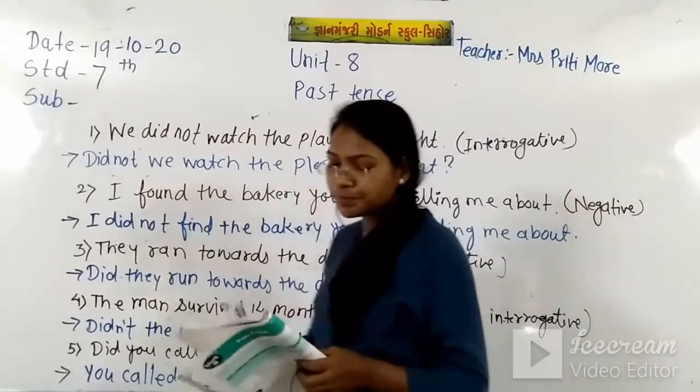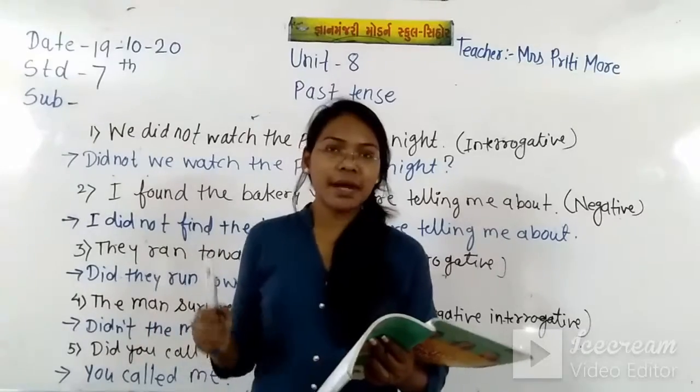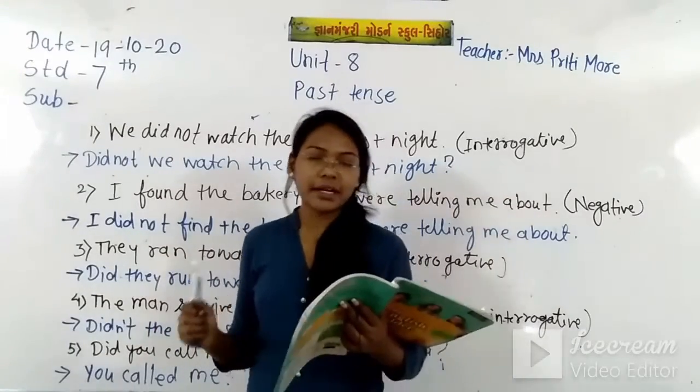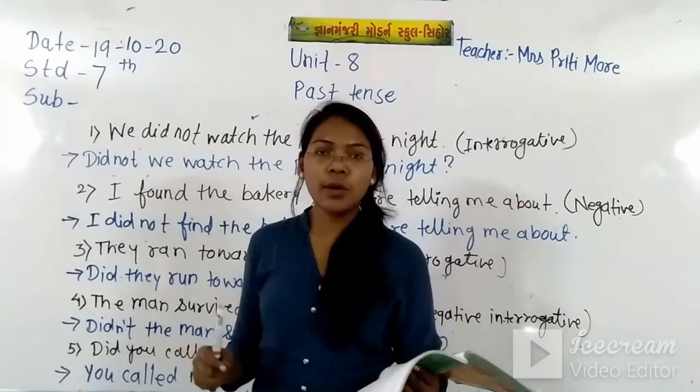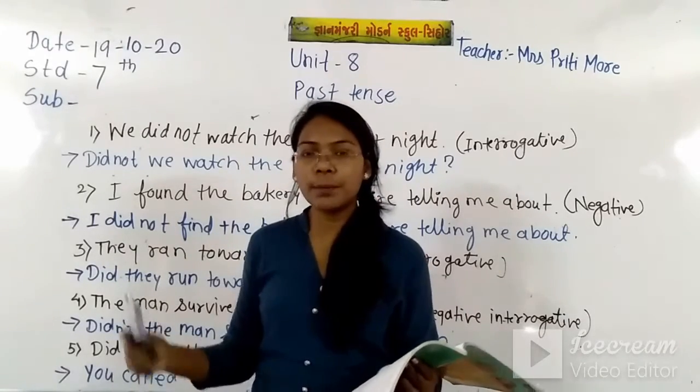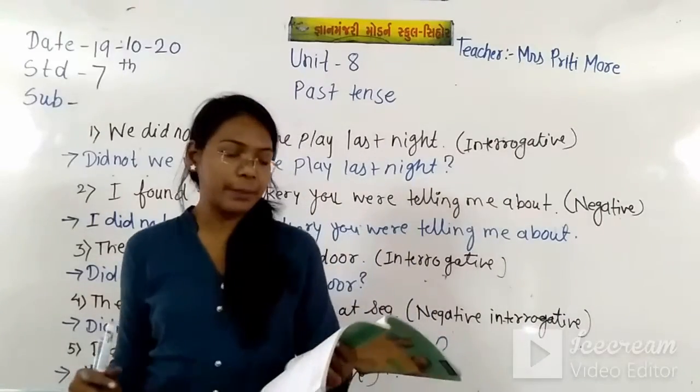So here we have completed simple past tense and practice exercise 1. We have also learned how to make the positive affirmative sentence, negative and interrogative sentence of simple past.